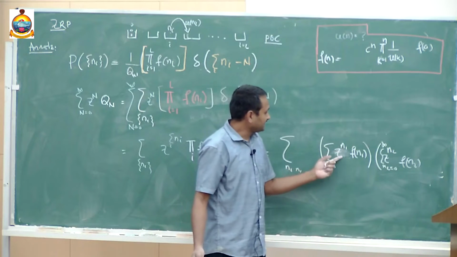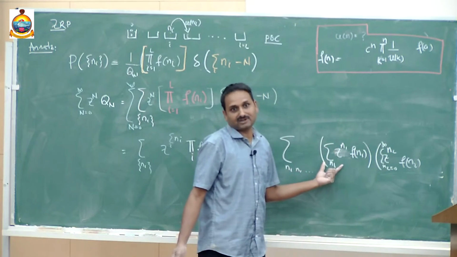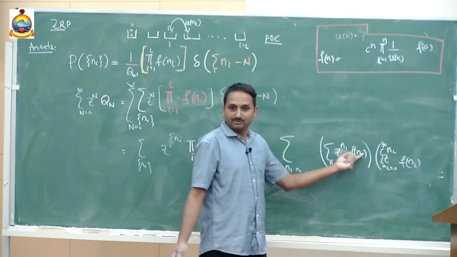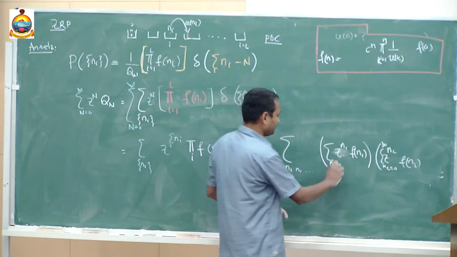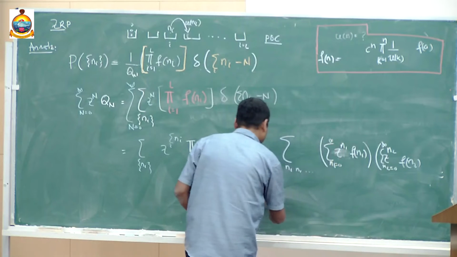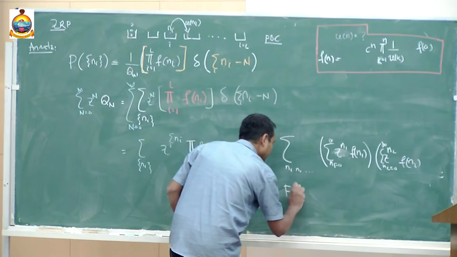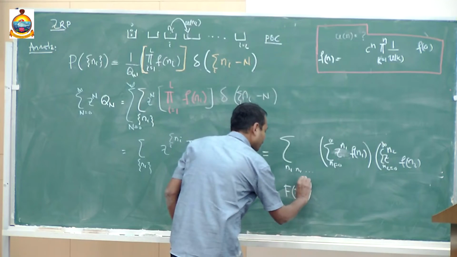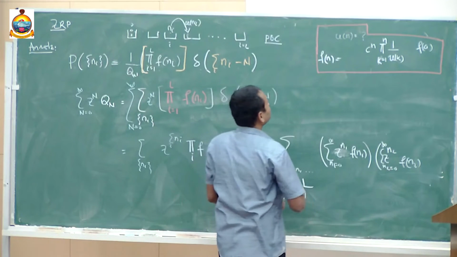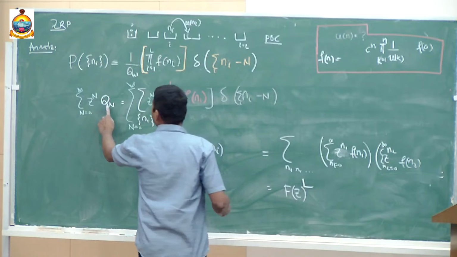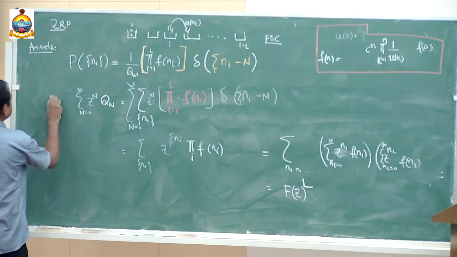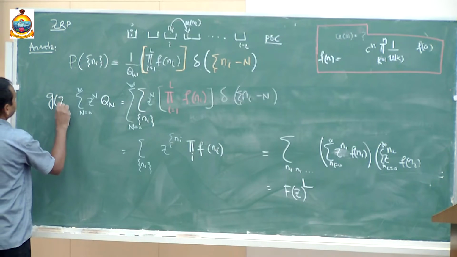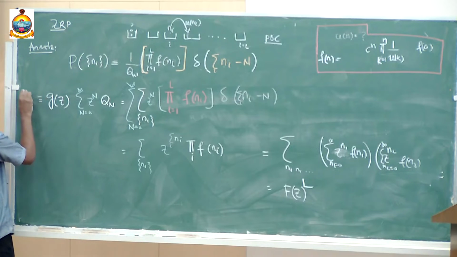So this is just the sum of z to the power n times fn, whatever the sum. It will be a function of z, and n will not be there, right? Its sum is n equal to 0 to infinity. So this is equal to f of z, I call it some function f, f of z whole to the power L. Now if I call it my partition function, this is g of z. There is a general name, capital Z, equivalent to the grand partition function.